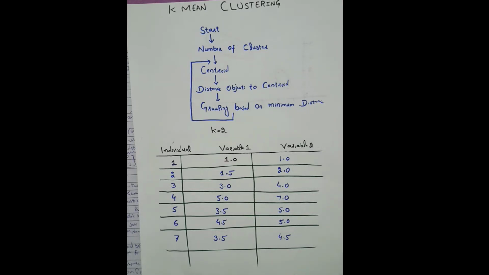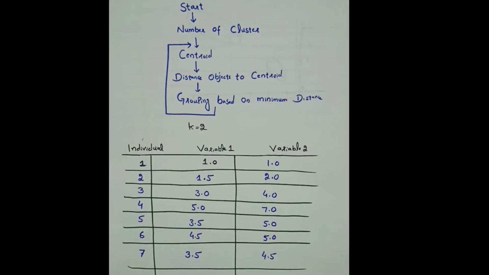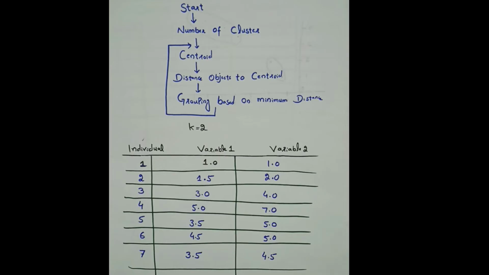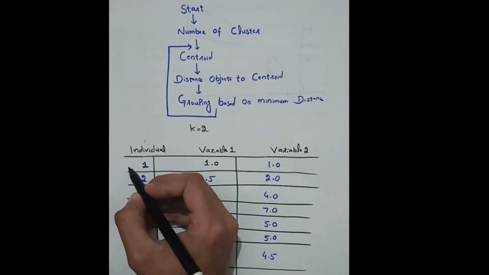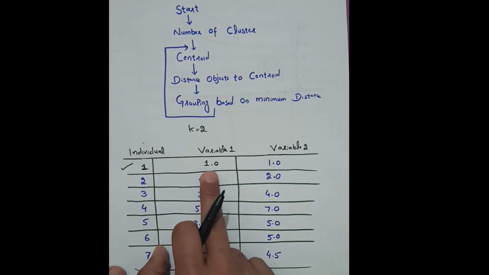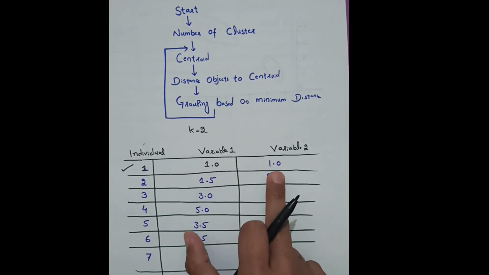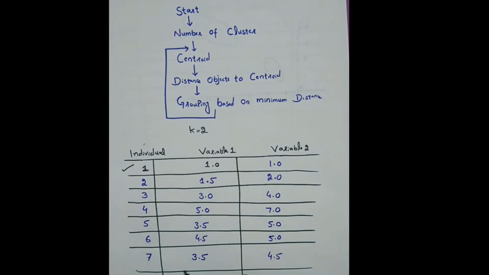The first step of solving is to pick the centroid values. As the number of clusters is equal to 2, we have to group them in 2 clusters, so we define 2 centroids. Here I choose these 2 centroid values: variable 1 is 1 and variable 2 is 2, individual 1 and individual 4.